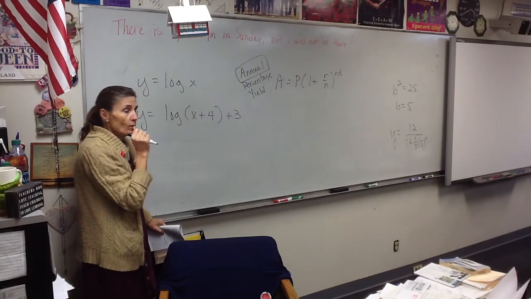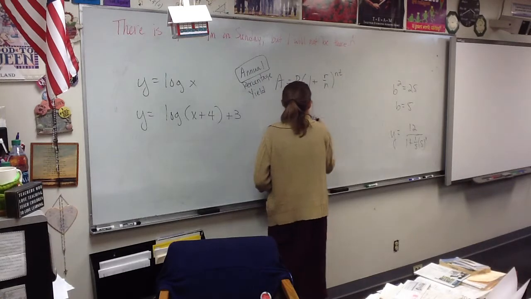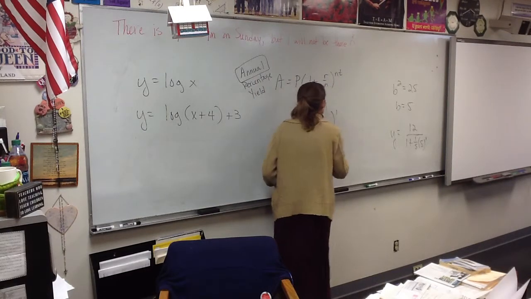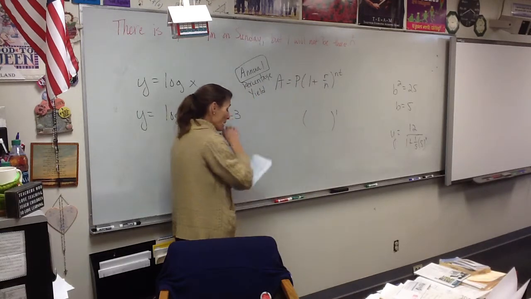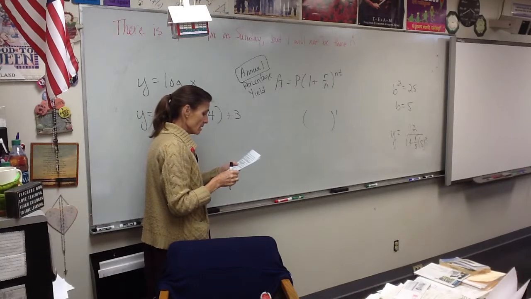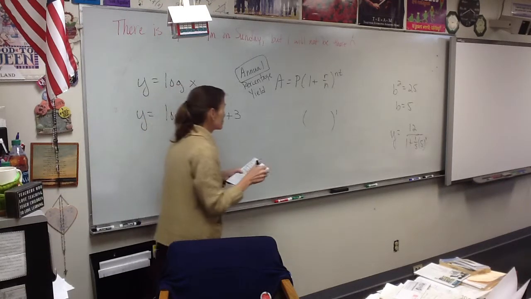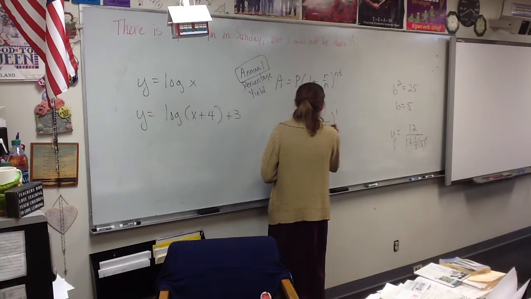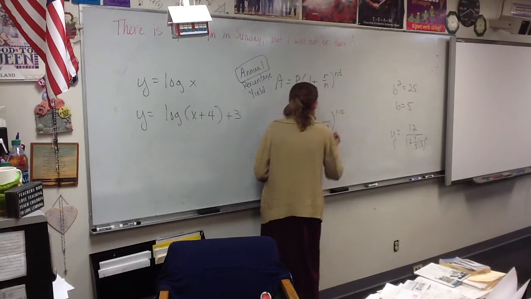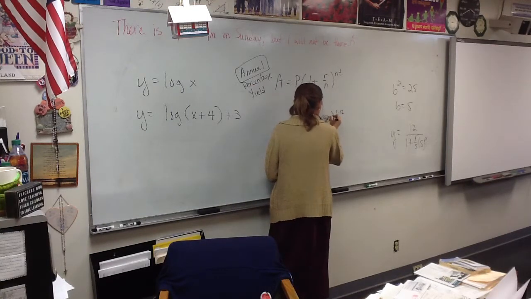So we're gonna let this problem go for 1 year. We're gonna let T be 1. Compounded monthly, so N would be 12. And the interest rate is 0.0425.